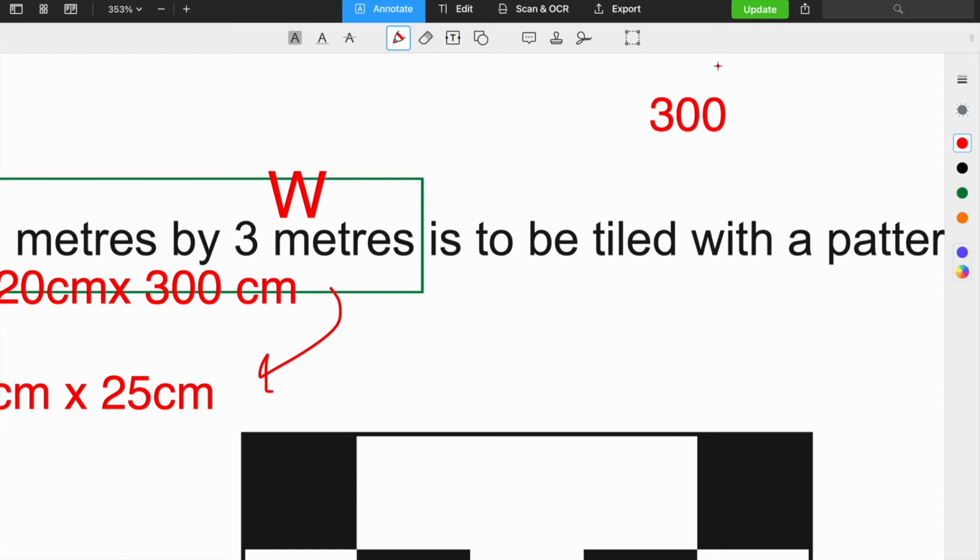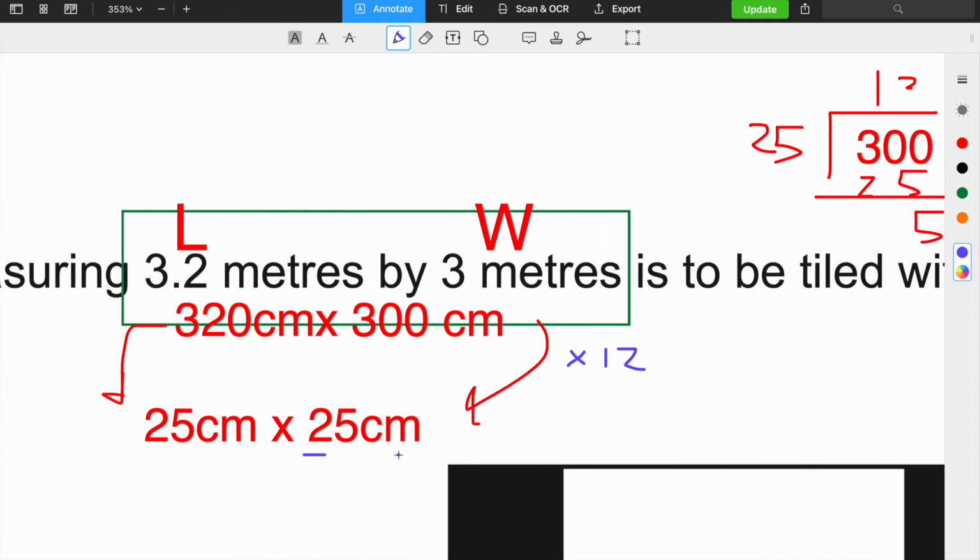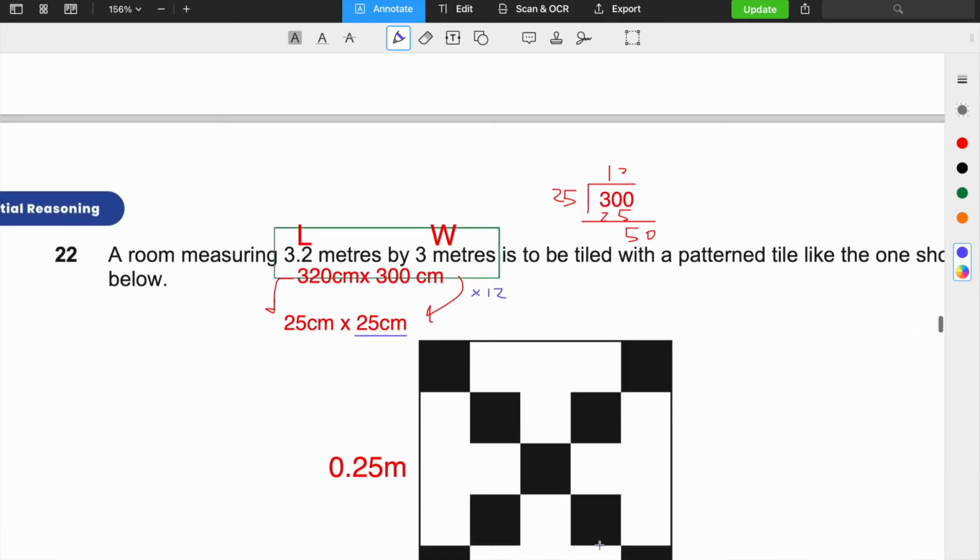Again, I don't think this is the most efficient way. I would just recommend thinking in terms of quarter meters and how many times that will fit into a meter. But if you were to do the division, you'll get 12, okay? So got that out of the way, 12. So this will fit 12 times, okay, so 12 times along the width. So there'll be 12 of these tiles fitting along the width of the room.